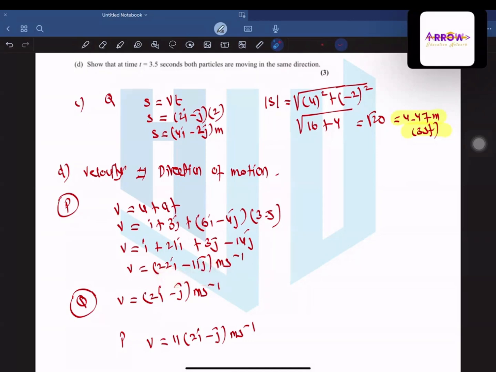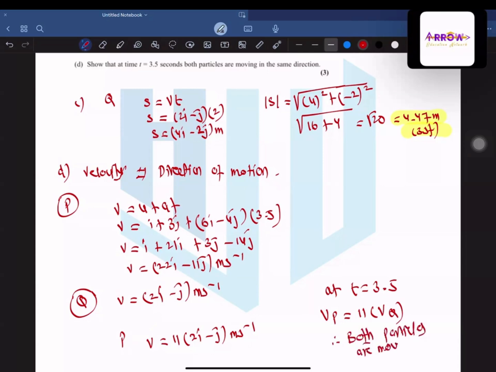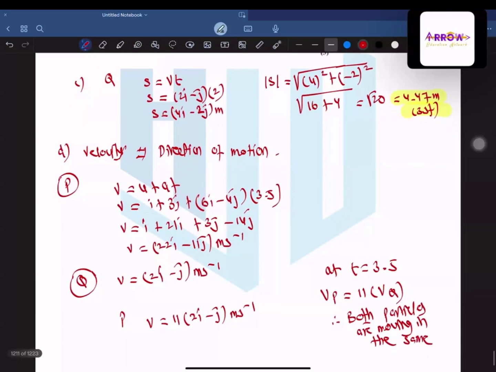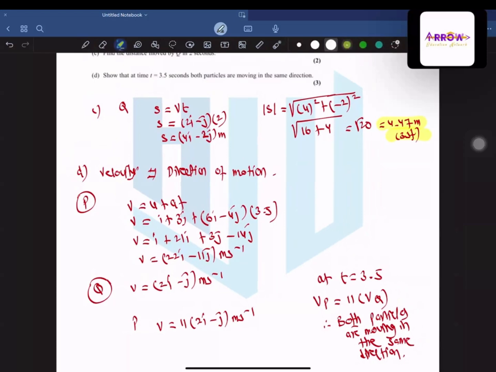So at t equals 3.5, what we have established is that the velocity vector of particle P is 11 times the velocity vector of particle Q. Therefore, both particles are moving in the same direction. This is how you attempt this part D.